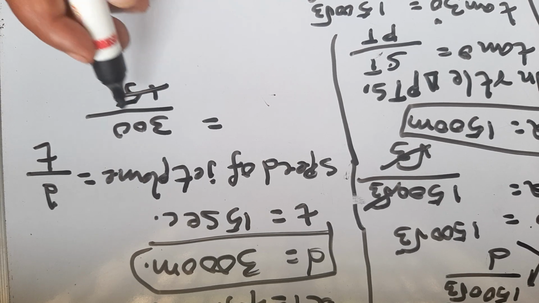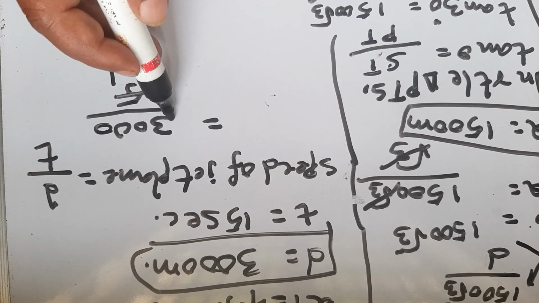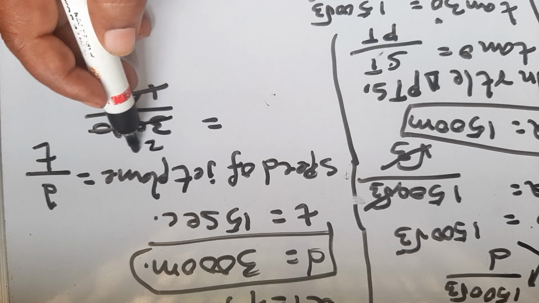Cancel: 15 ones are 15, 15 twos are 30, giving 200.